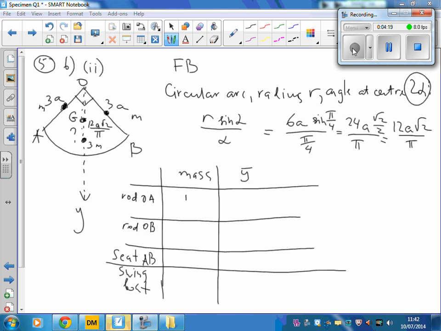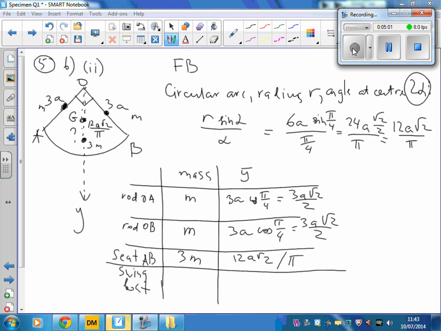For rod OA, mass is m, and its vertical distance from O is given by 3a cos pi over 4, which is 3a root 2 over 2. We've got the same expression for rod OB, 3a cos pi over 4, 3a root 2 over 2. Seat AB mass is 3m, and it's 12a root 2 over pi.